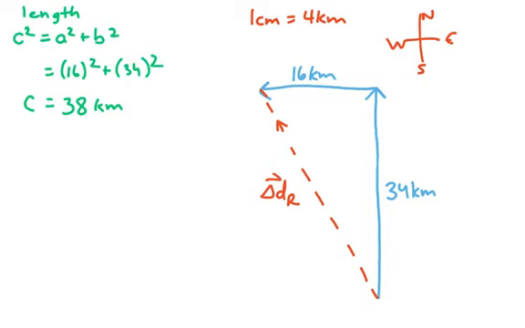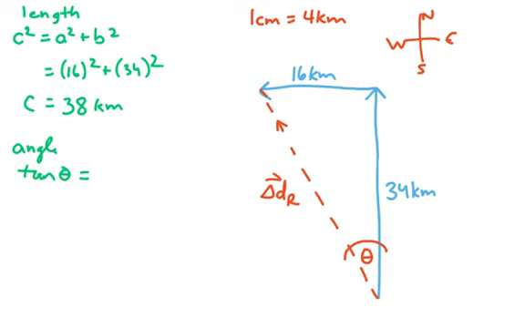And now let's do our tan theta. So the angle that we need is tan theta. Tan theta is opposite over adjacent. You'll notice that when I drew my resultant displacement, we want to know where that angle is at the base of the arrow, where it's aimed. So it's the angle here that I'm looking for that I've just identified.